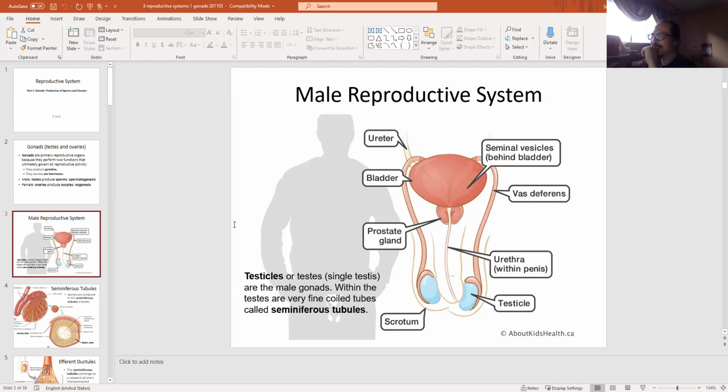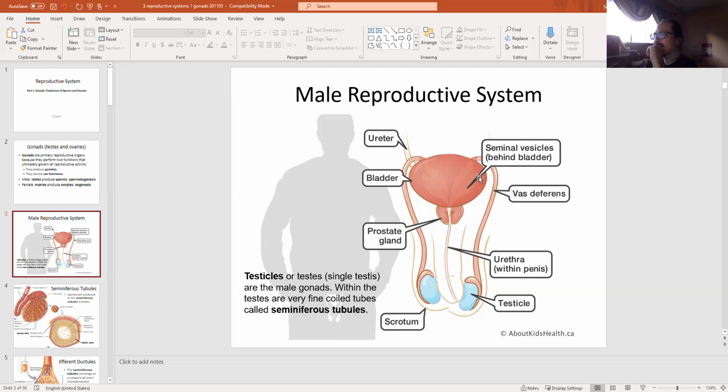The sperm is produced in the testicle, and once it's produced, it is stored here. Upon ejaculation, it will go through the vas deferens, through the inside of our pelvic cavity, and through the ejaculatory duct. It doesn't show in here, but I will explain.